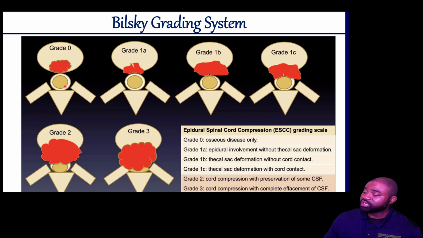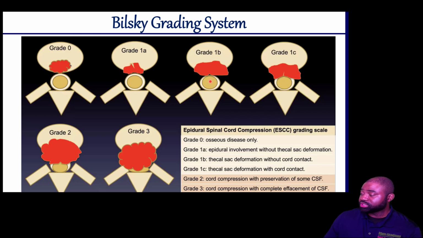As the grade progresses from grade 0 towards grade 3, we are heading towards cord compression. The closer the tumor or the target is to the spinal cord, the more dosimetrically challenging it is to plan this particular case, because the spinal cord itself is a serial organ and an important organ.